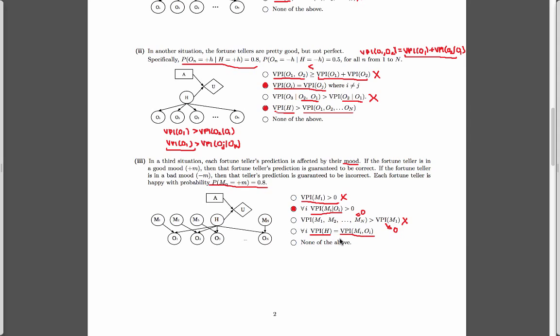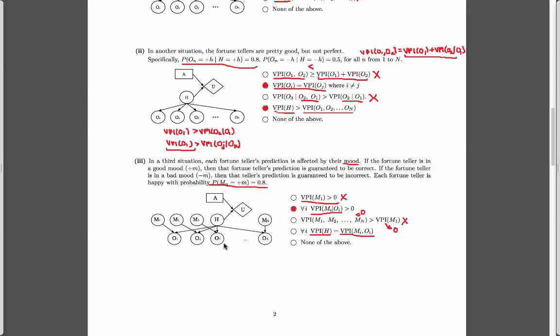So in this case, if we have the mood and the prediction for one of the fortune tellers, then we know exactly what H is, because if the mood of the fortune teller is happy, then you know the prediction is correct, and then you know H is equal to the prediction.